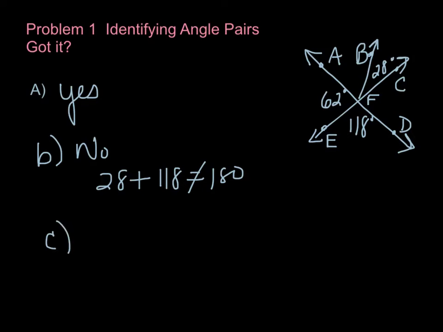C, angle BFD, which is 28 degrees, and angle AFB are adjacent angles. Absolutely, they're next to each other. So yes, why? Because they have a common side and common vertex. Common side and common vertex.